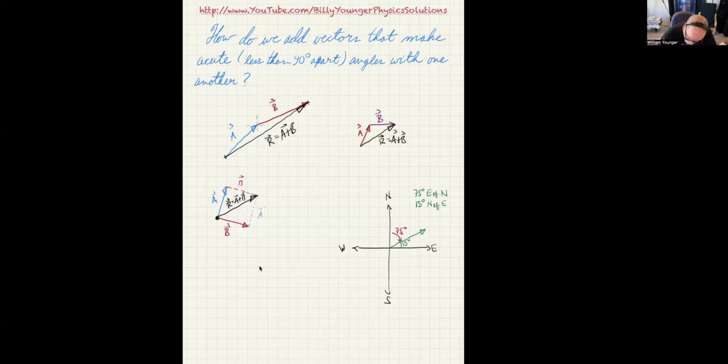Similarly, we could draw a vector, let's say right here, and let's say this angle, which I'm assuming all these go right back to the origin. Let's say this angle is 20 degrees, then this vector would be at 20 degrees west of south, or it could be also called 70 degrees south of west.